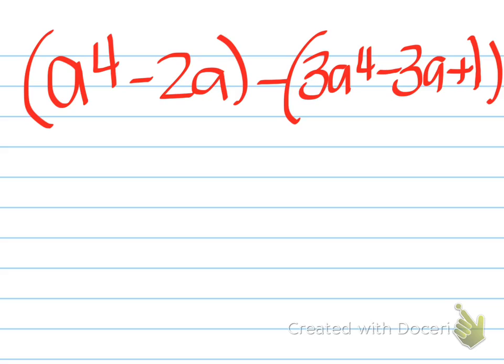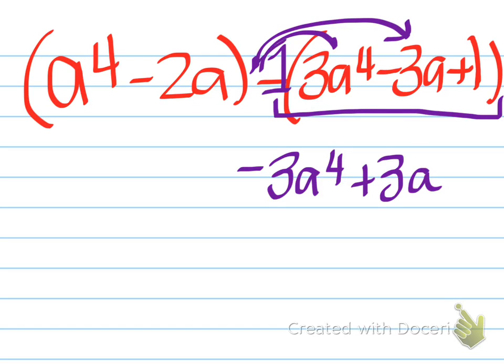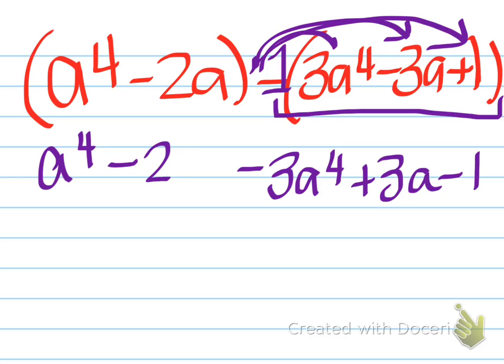So we notice that we are subtracting this whole second trinomial, which is the same thing as distributing a negative 1. So I should have negative 3a to the 4th, and then positive 3a, and then negative 1. Bring down the first binomial.